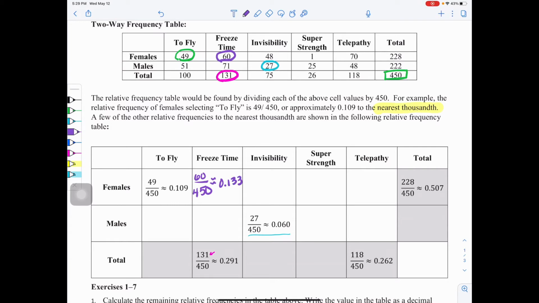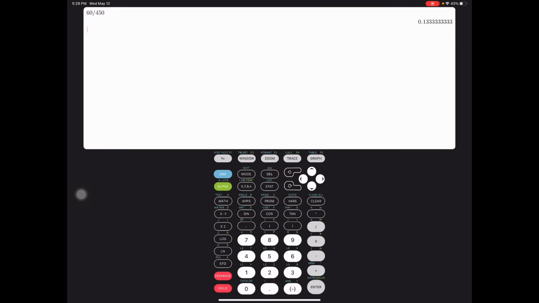Let's do super strength for males. So if I find males, super strength, that's 25. I would put 25 in the numerator. The total of 450 would go on the bottom, and then we would find out approximately to the nearest thousandth or 3 decimal places what that would give us. So I would do 25 divided by the 450, and I get 0.05555 repeating, and you're going to see a 6 at the end only because we're running out of space.